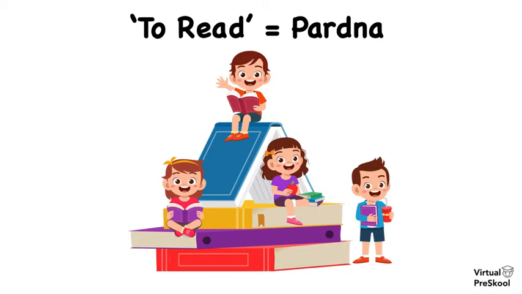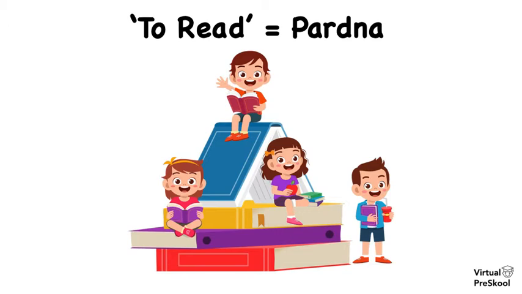The verb that we want to use today is padhna. Now, in English, do we say, or in Hindi, probably not, do we say, I read morning? Or I read night? No, we don't say that. We say I read in the morning or I read at night.